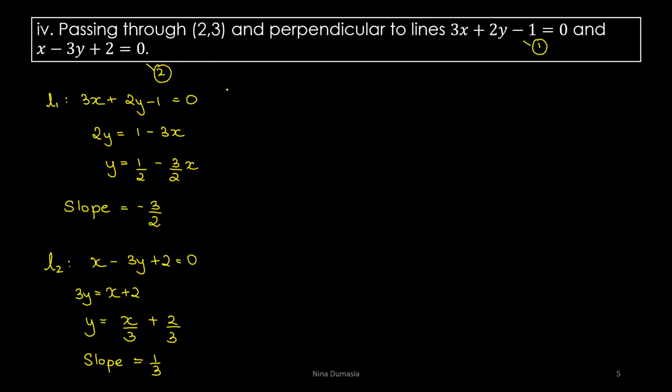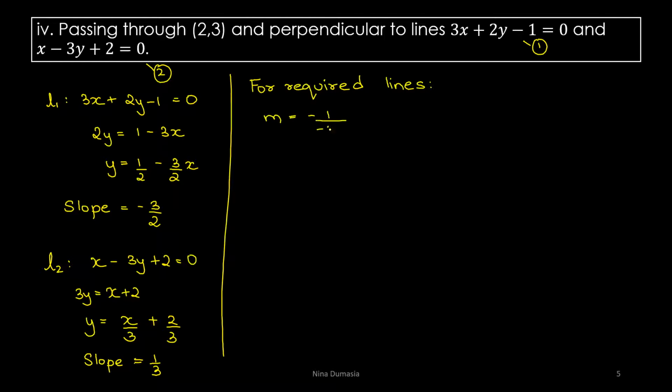So we can find the slope that way. A point is also given, so then using slope point form we can find their equations. Okay, so let us write this now. For required lines m is equal to minus 1 divided by minus 3 by 2 which is equal to 2 by 3. Okay, and the point is also there.